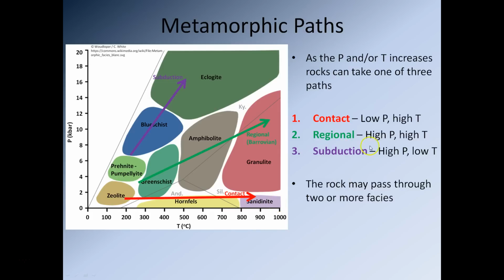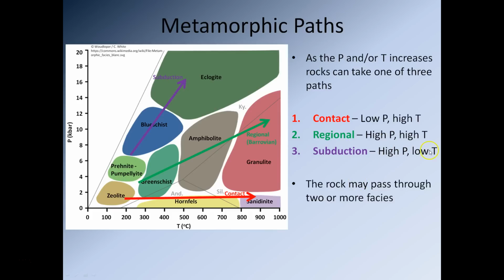Regional metamorphism is often referred to as high pressure, high temperature metamorphism, and it will follow this path here marked out in green. It will lead us through greenschist facies rocks, through amphibolite facies rocks, and eventually into granulite facies rocks. Regional metamorphism is also referred to as Barrovian metamorphism, although that tends to be a more old-fashioned term. And then finally we have subduction metamorphism.